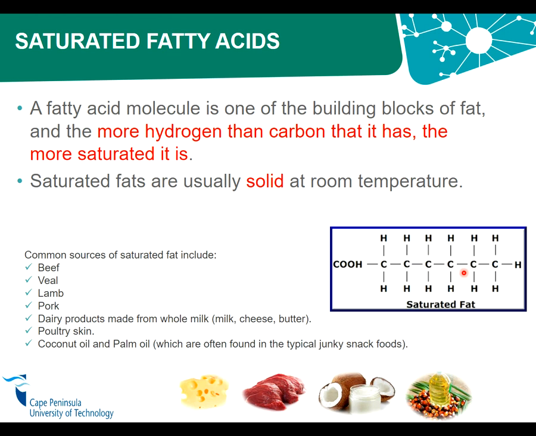And the common sources of saturated fats include things like coconut oil and palm oil. Remember the example that I made in class, that in some cases, especially in winter, you find that your coconut oil is in a solid form, right?